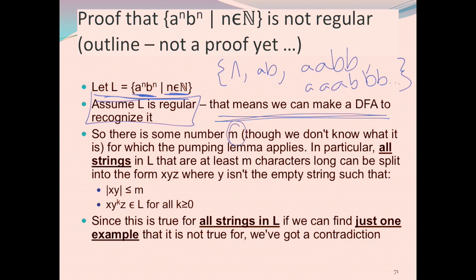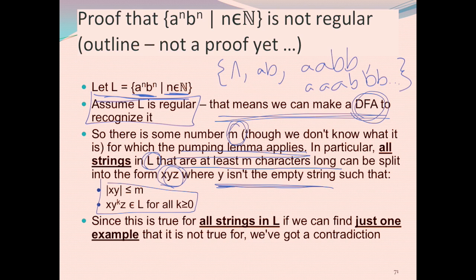So there's some number M, we don't know what it is, but it's just going to be however many states are in our DFA, and there's some number M for which the pumping lemma applies. In particular, any string in my language that's at least M characters long, we could split up into our X, Y, Z. Y is not the empty string, Y doesn't equal lambda, and these things are true.